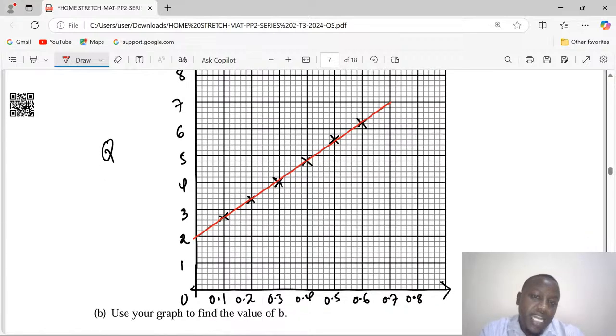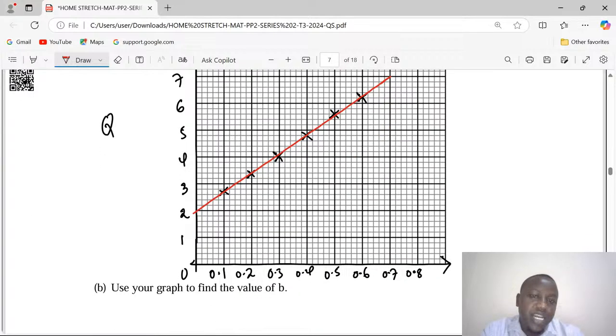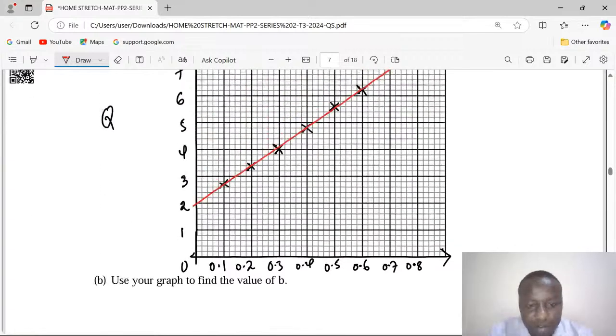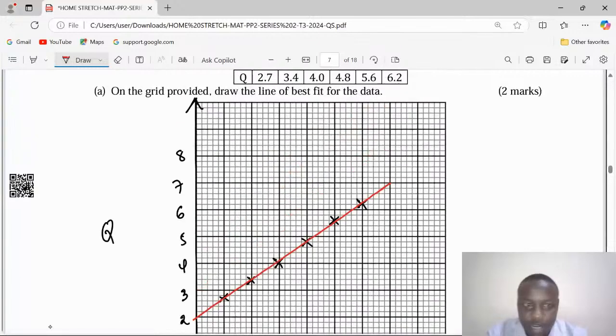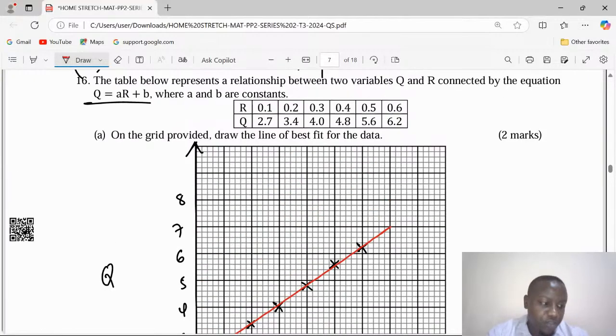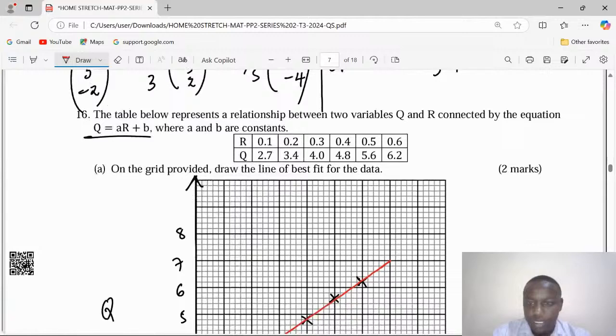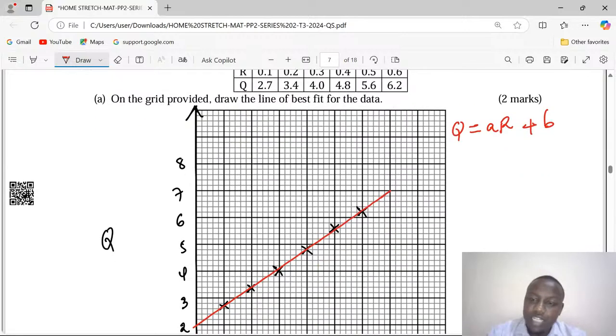Now, with such a line of best fit, we can use it to determine the value of B. Remember the general equation connecting them: Q equals AR plus B. Because R is on the x-axis and Q on the y-axis, the coefficient of whatever is on the x gives us the slope.